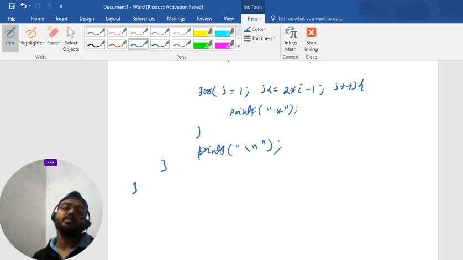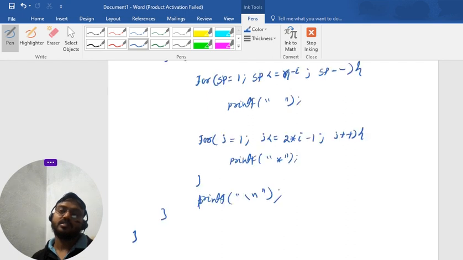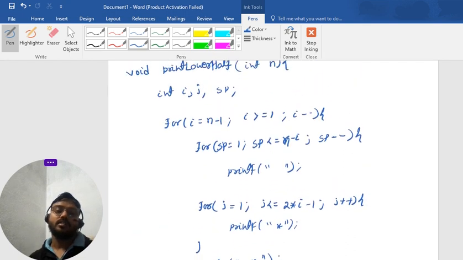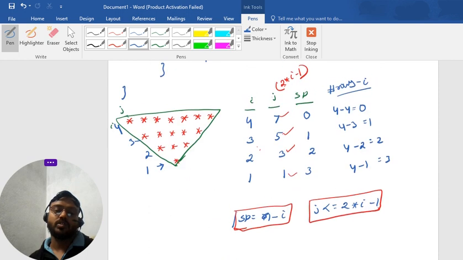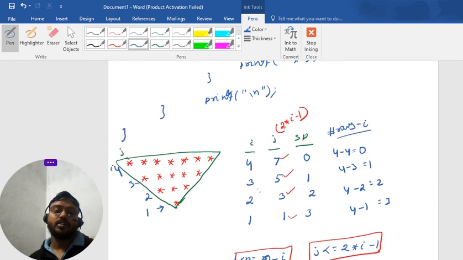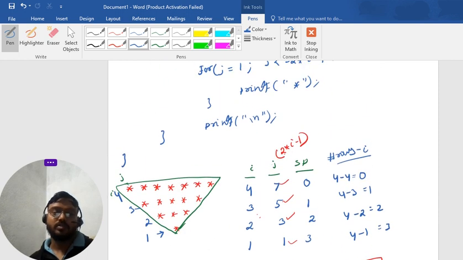I'm assuming you know the function, how to call the function, and how the execution happens. If you don't know, we'll come up with the next videos which will tell you about the function.